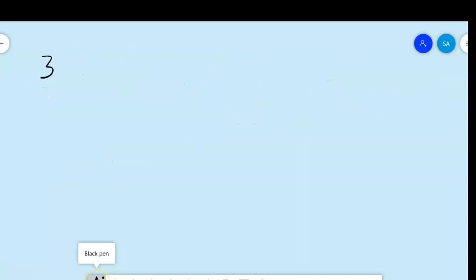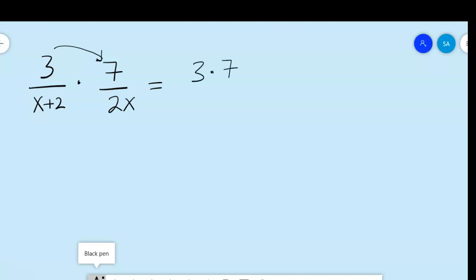And we have 3 divided by x plus 2, times 7 over 2x. Here it is already in multiplication, so you multiply this by this. So 3 times 7, and here you also multiply this with that.